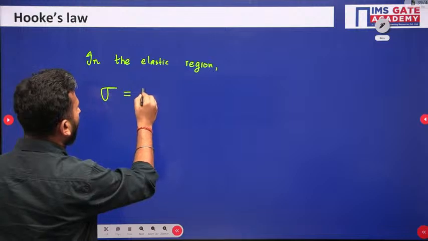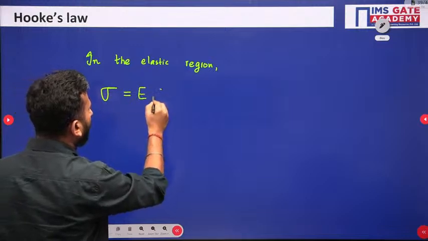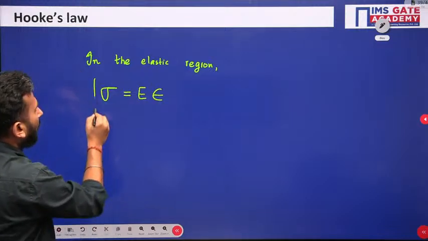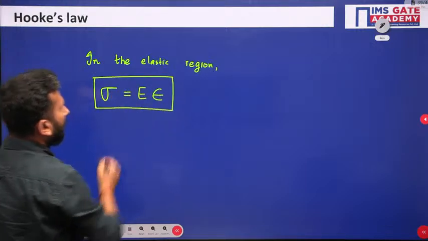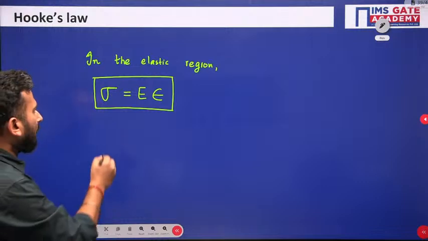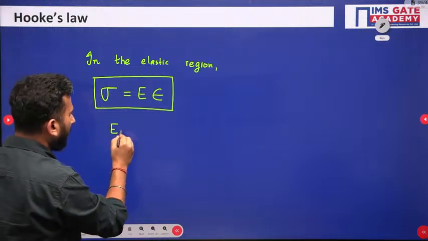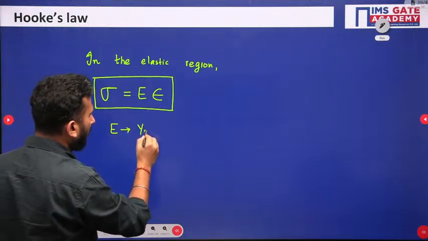Directly coming to the relationship, sigma is equal to Young's modulus into epsilon. Sigma is equal to E epsilon. So what is E? E is nothing but the Young's modulus of elasticity.